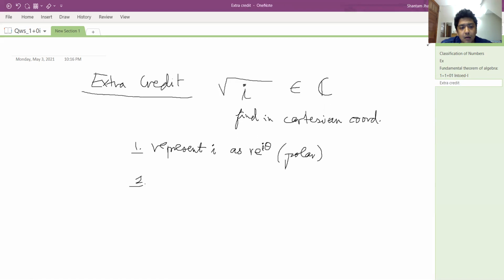Then apply the square root. How do you apply the square root? It's the same as raising something to the power of a half, right? And then, because I said find it in Cartesian coordinates, and because the polar representation of a vector is isomorphic to the Cartesian representation, convert back to Cartesian.